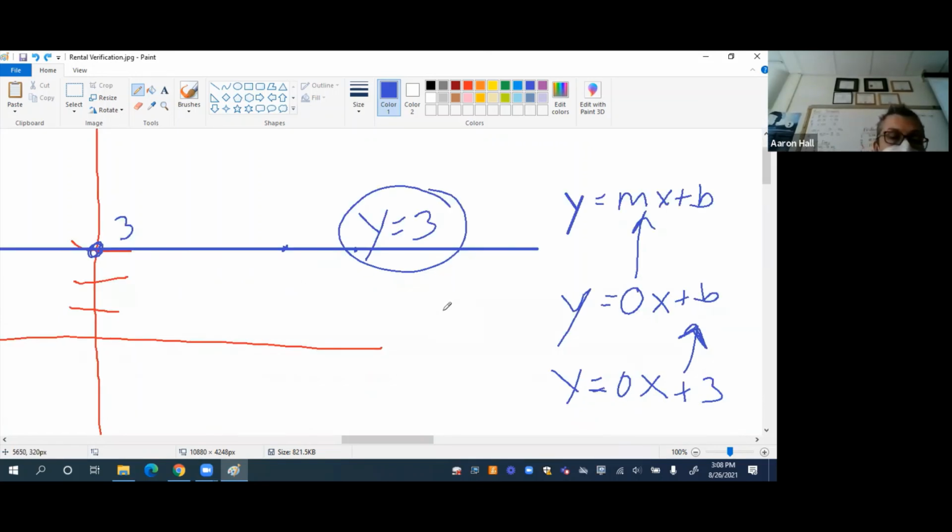What if I have this 1, 2, 3, 4, 5? What if I have this other, let's make it purple, what if I have this other line like this? X equals, sorry? X equals 5, yeah.